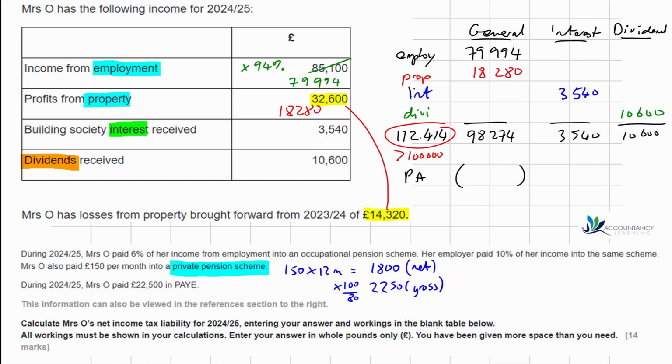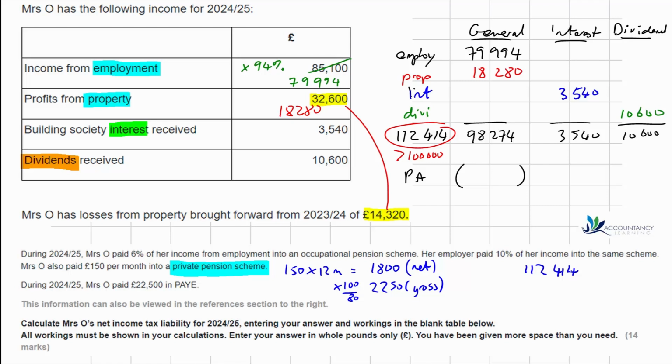So we need to work out now what is the effect on this. So we've got that income of the 112,414, but remember, after receiving our salary, we've paid some money into a personal pension. And the government says, remember, we want you to do that, we want you to save for your retirement, so we get the benefit of that.